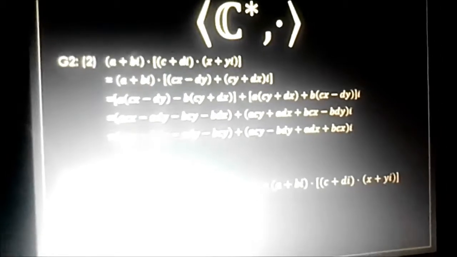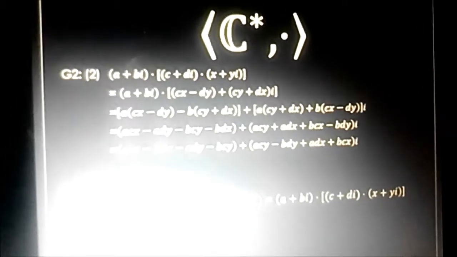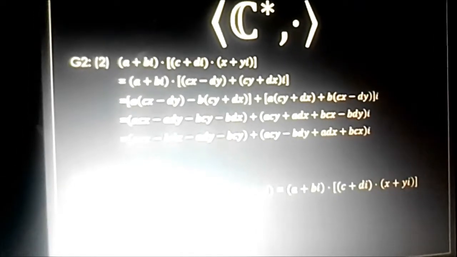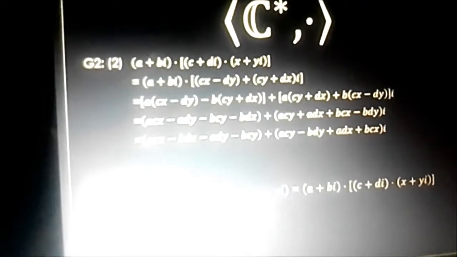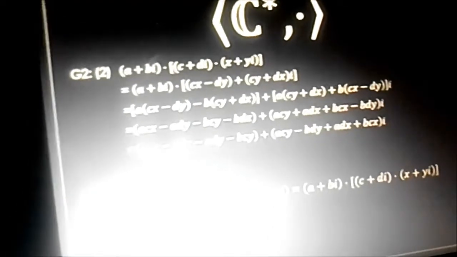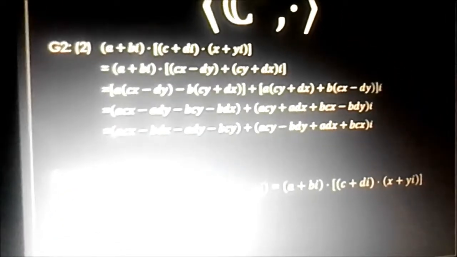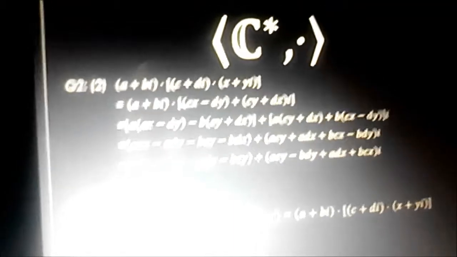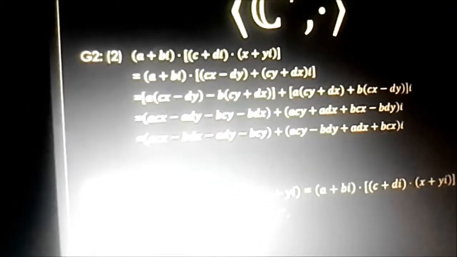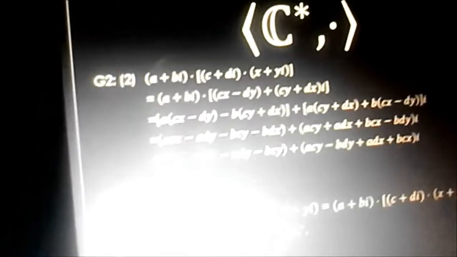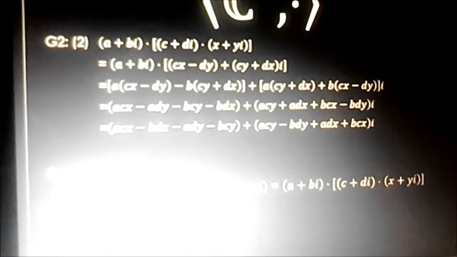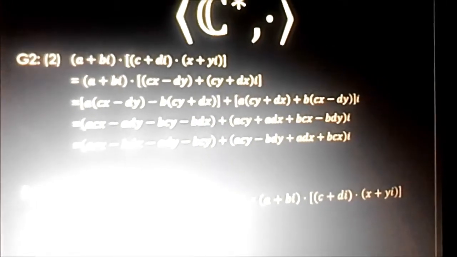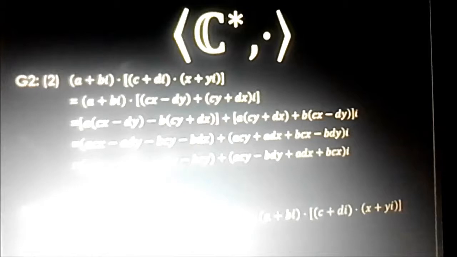So we distribute: (a plus bi) multiplied by (cx minus dy plus (cy plus dx) i). It is obtained again using the FOIL method and separating the complex and real parts, where i denotes the complex part, and the variables a, b, c, d, x, and y are the real numbers.